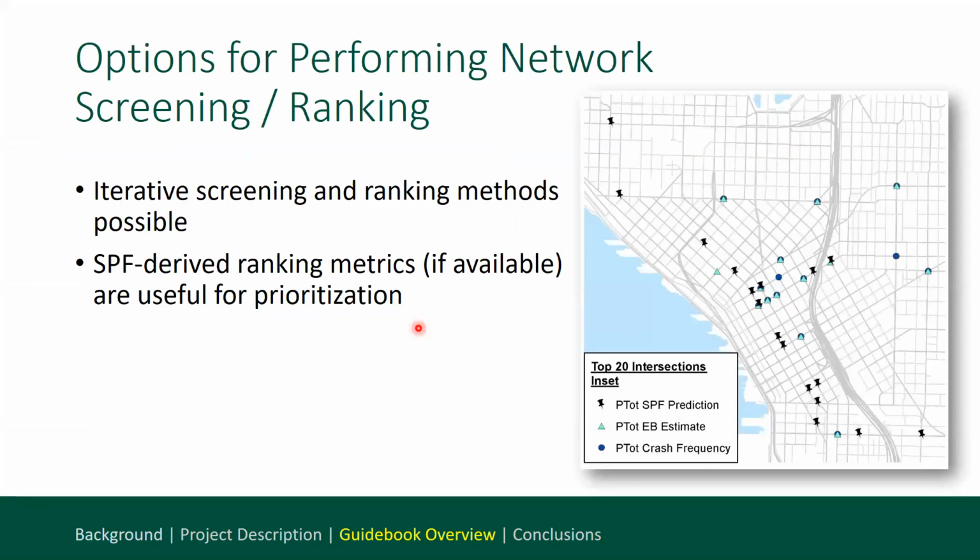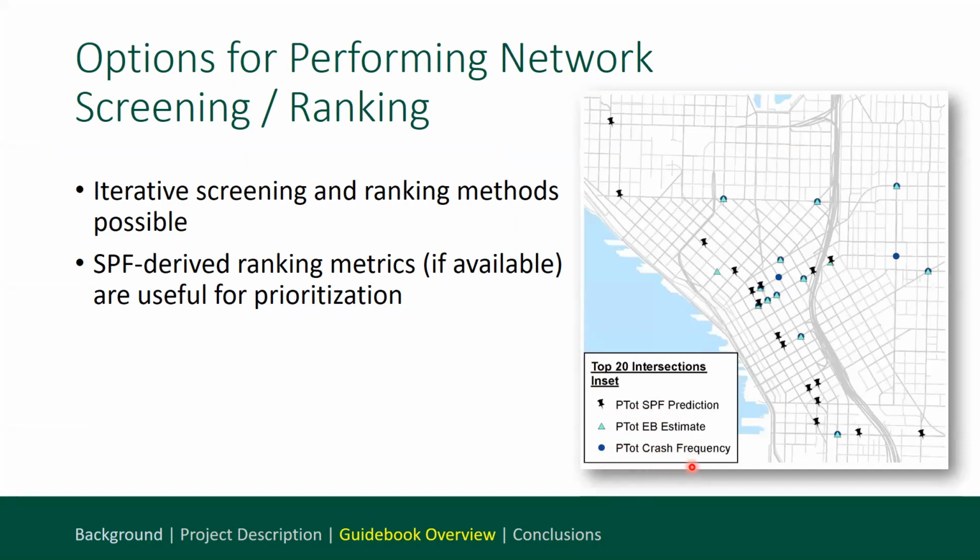So how do we do this improvement? You could look at the top 20 intersections. So top 20 based on SPF prediction alone, or top 20 based on total crash frequency.